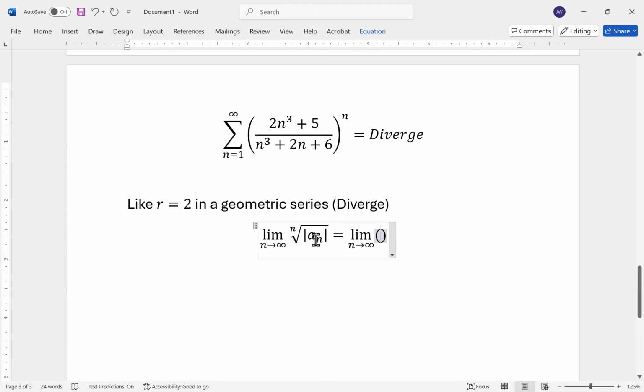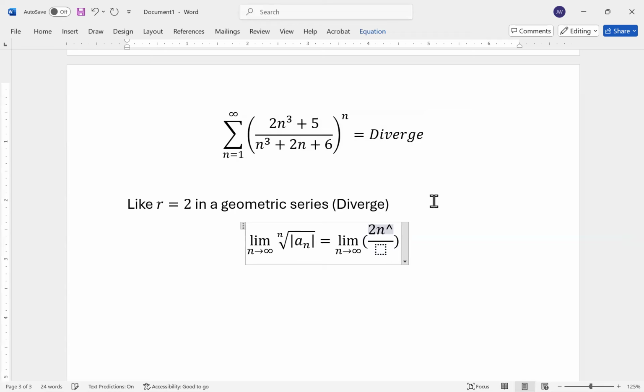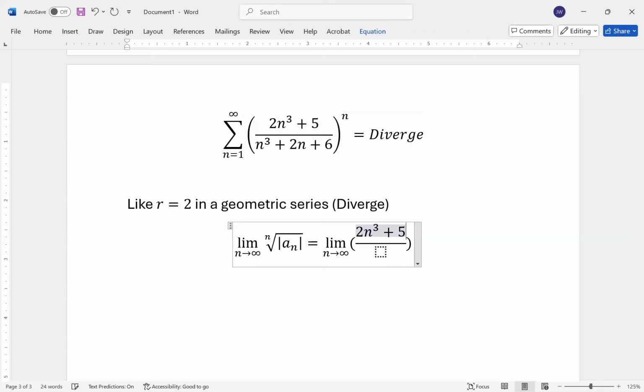If I take the nth root of the absolute value of a sub n, I essentially get my ratio in there, 2n to the third plus 5, all divided by n to the third plus 2n plus 6.